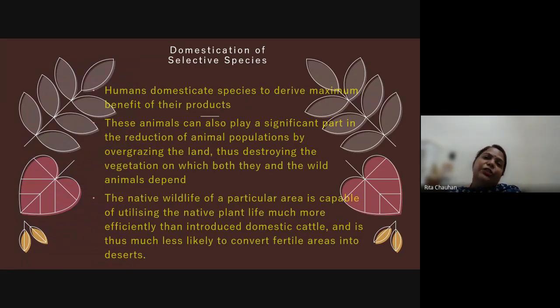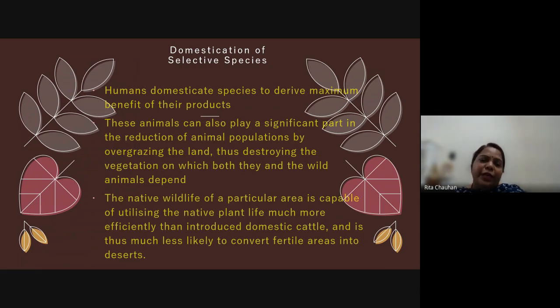Then domestication of selective species. Many times we domesticate animals and plants for their products, and because of this many other species are affected.